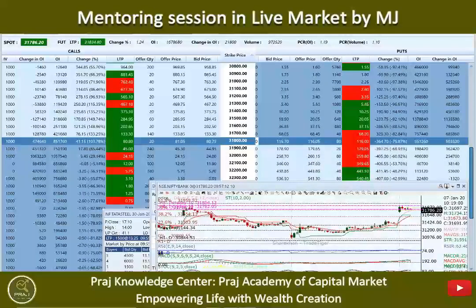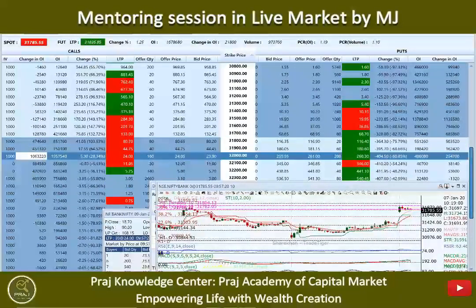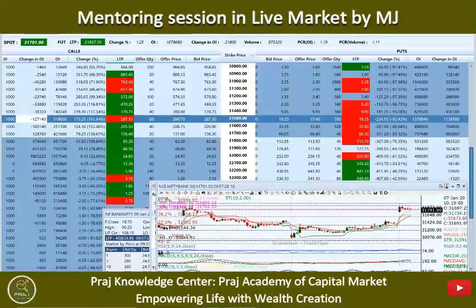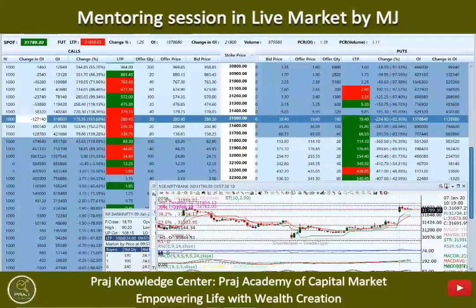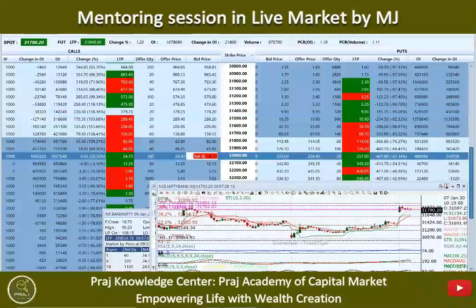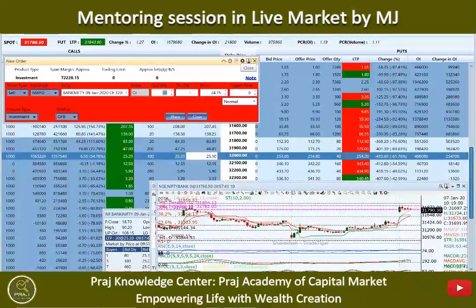I mean OTM here. So 31,500 and 32,000 seems to be the range in which Bank Nifty has got strong resistance and support.